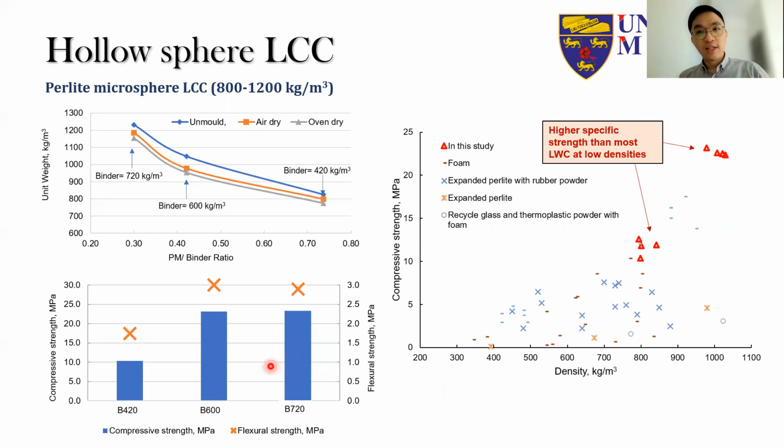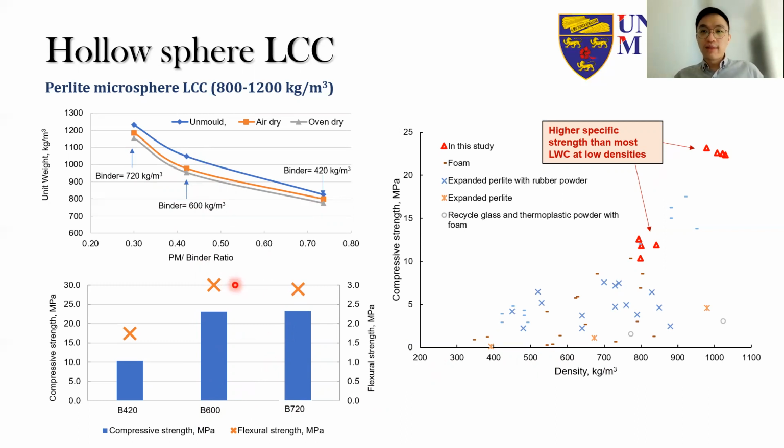When we have a slightly higher binder content of 600 and 720 kg per cubic meter, as you can see from here, the compressive strength can exceed even 20 MPa, and the flexural strength can be close to 3 MPa. This is when the density is around 1,000 to 1,200 kg per cubic meter.